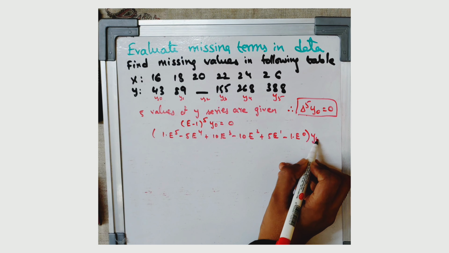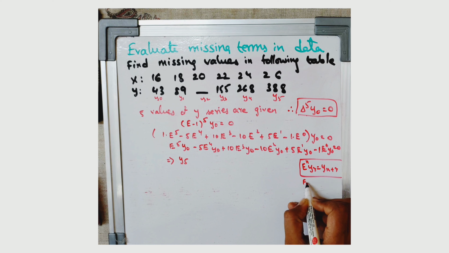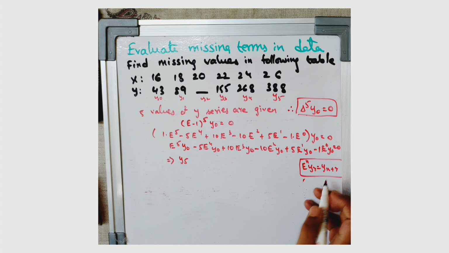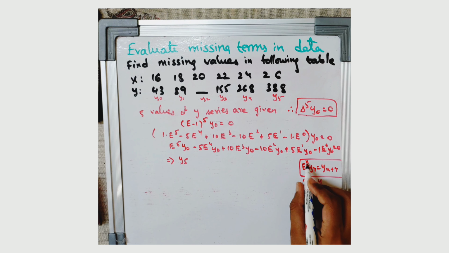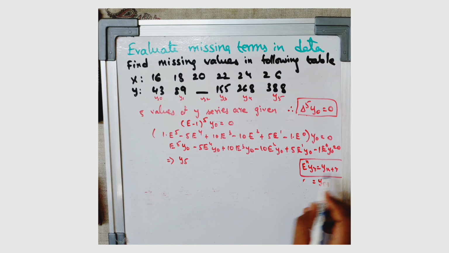Now what you can do, E power 5 into y0, you can just write it as y5, right? Did you remember the formula? That you have this formula, right? E power n yr equals to y n plus r, right? So E power 5 y0 is equal to y, n means 5, plus r, that is 0, which is equals to y5.